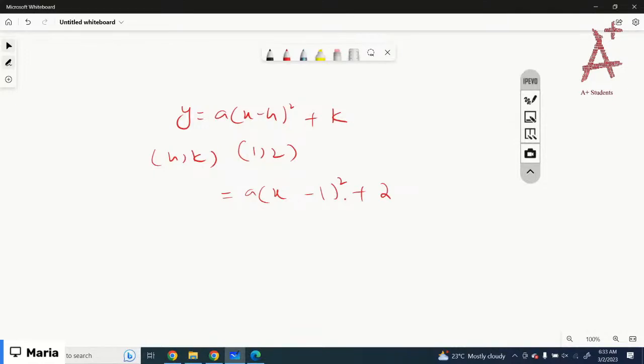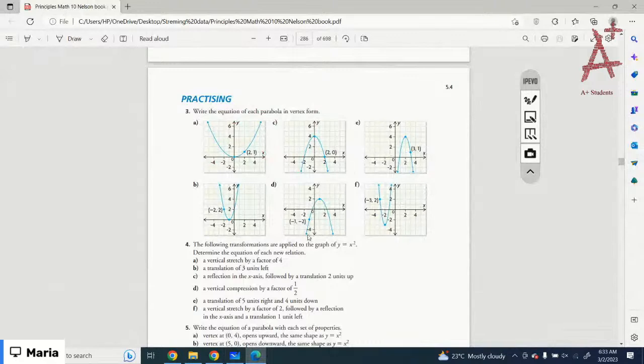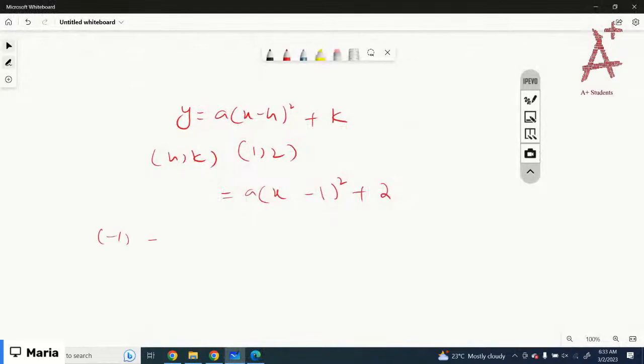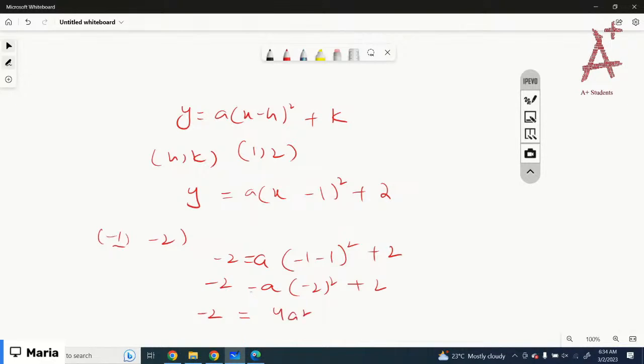We have to calculate the value of a. The point we are given is -1, -2. So just use the point -1, -2 and calculate the value of a. Just put the values. y is -2, so -2 equals a times (-1 minus 1) whole square plus 2. That is -2 equals 4a plus 2.